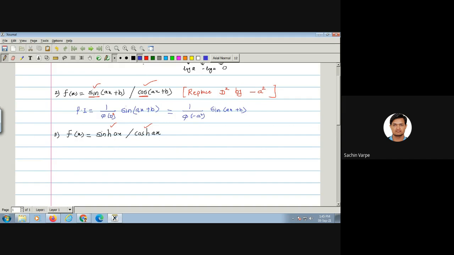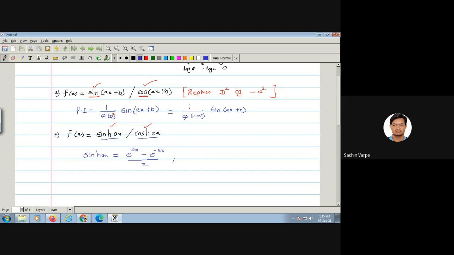We can have the exponential forms of these hyperbolic functions. Even the circular functions, sine and cos, can be represented in terms of exponentials, but in that case i, the imaginary unit, will be involved. Here, hyperbolic sine ax can be written as e to the power ax minus e to the power minus ax upon 2.